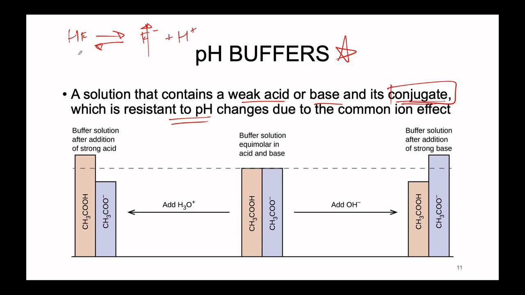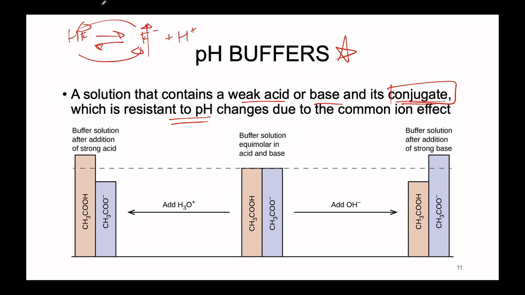If we neutralize a certain amount of HF to create some F-, because we already have F- present, according to our dissociation reaction, we're going to be regenerating some of the HF that was previously neutralized by the strong base. So we can use this as a qualitative description of why the pH did not change as much in our second solution.